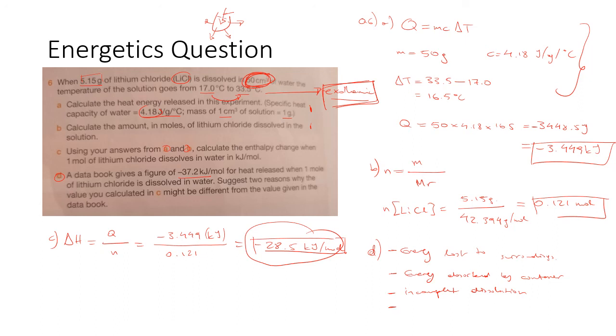And the fourth one, now this is a bit of an ambiguous one, because some mark schemes will take it as right, some will not. But if you have nothing else to say, maybe you can take a risk and write this down. It is that maybe not all the lithium chloride weighed on the scale was correctly transferred into the beaker, and maybe some of it was lost or dropped, or just wasn't put into the system, and thus we still have less lithium chloride being dissolved, and the change in energy is smaller.